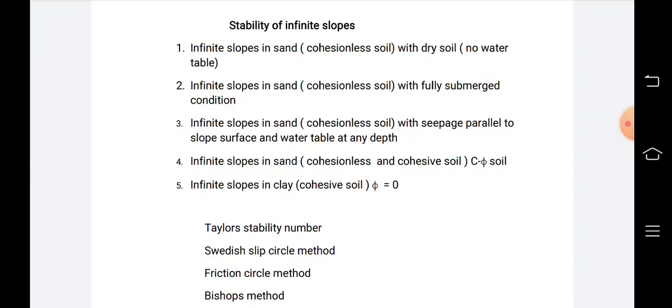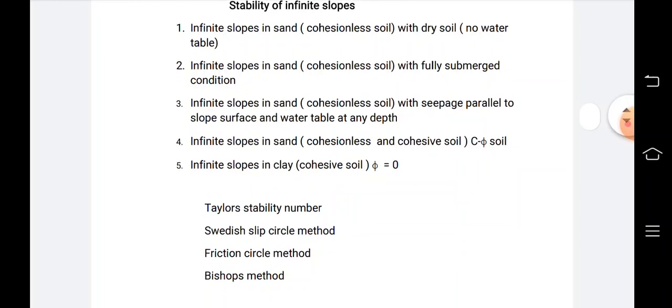If your inclined strata contain cohesive soil as well as cohesionless soil, meaning c soil and phi soil, where c soil is cohesive soil and phi soil is cohesionless soil, that is c-phi soil, then what will the analysis be? And the last one: if your inclined surface is subject only to cohesive soil, that is clay. In all these cases we are going to find out the factor of safety, and check whether the slope will be stable or not, for these five conditions.